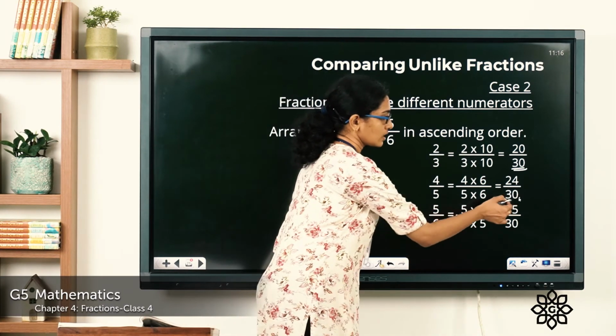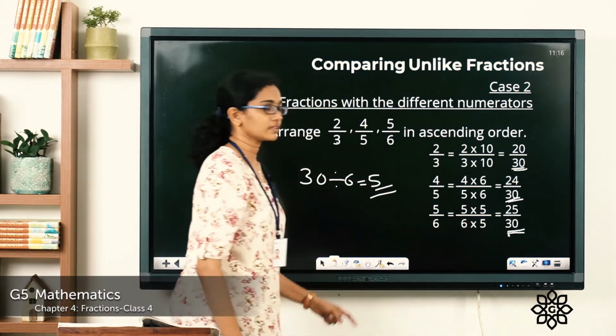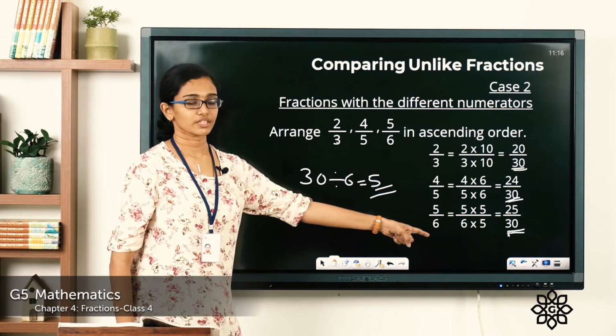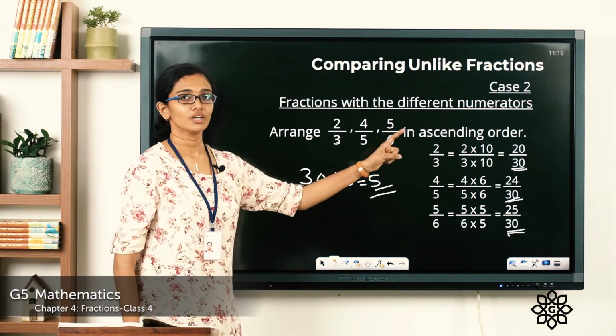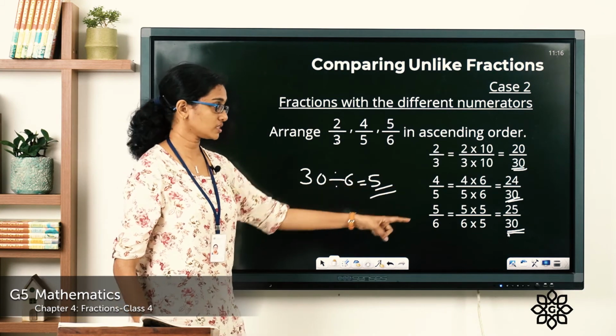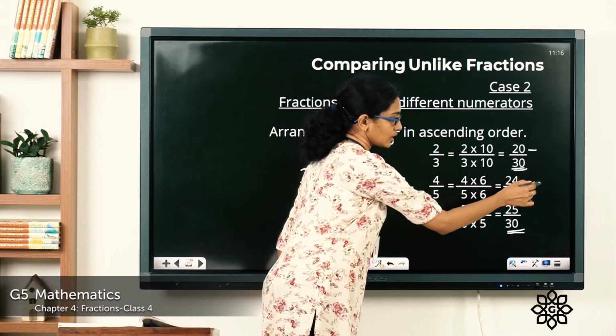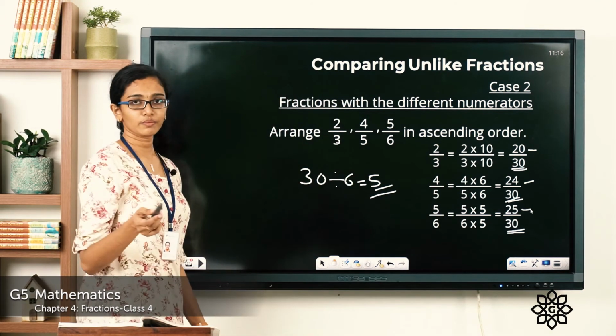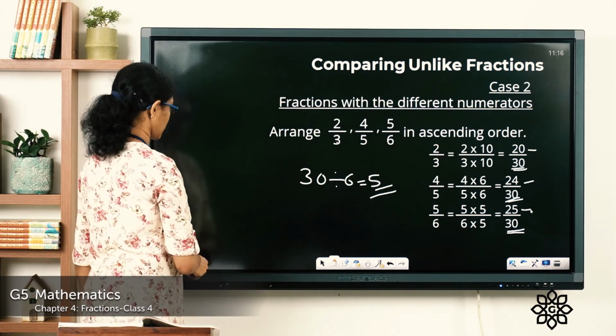Now, see, in all the fractions we have the same denominator. Now, these fractions are changed to like fractions. They all have the same denominator. So, in this case, we can compare these fractions by just comparing the numerators 20, 24 and 25, and we can easily find which is the smallest and the largest fraction.